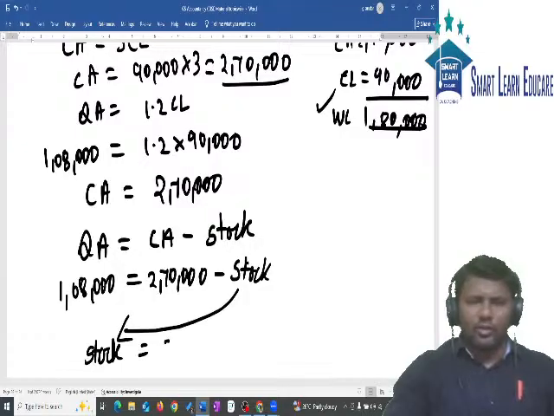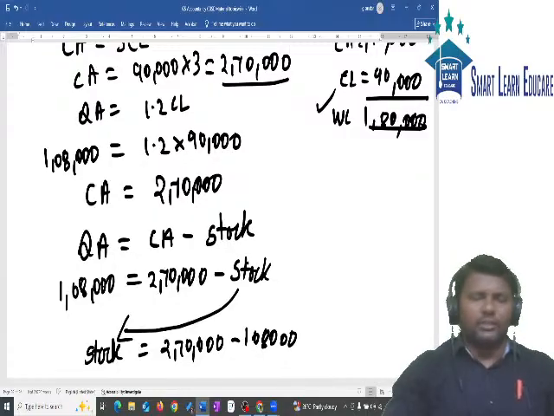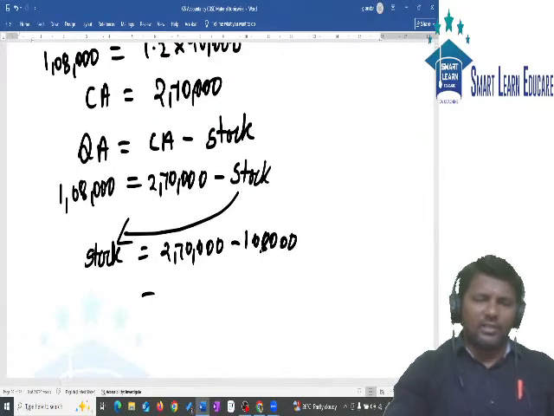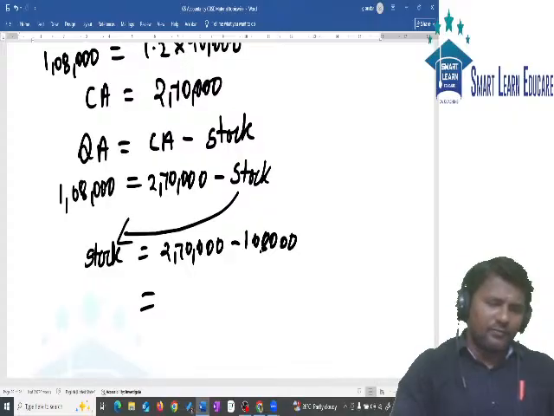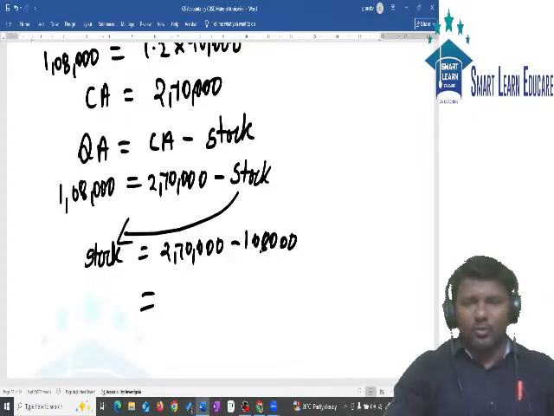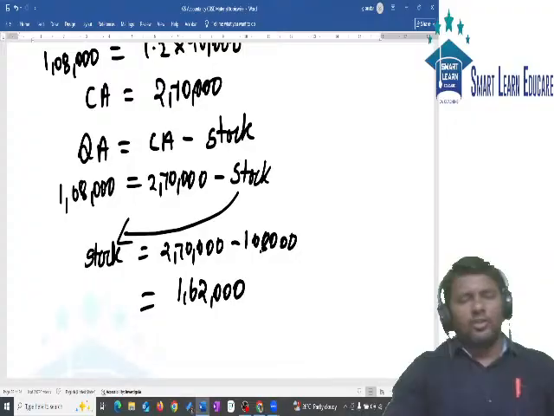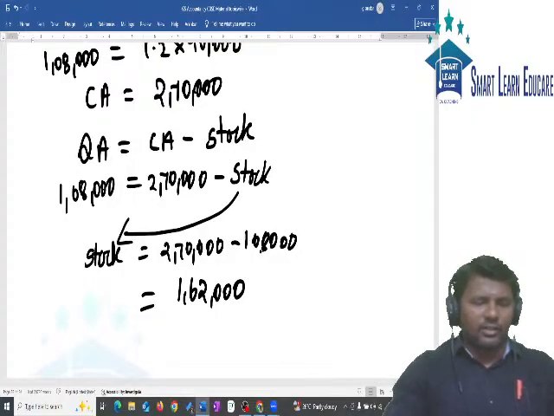So stock is equal to 2,70,000 minus 1,08,000. This will give you inventory. It is not 2,70,000 plus 8,000. 2,70,000 minus 1,08,000 will give you 1,62,000. This is your answer. Stock is how much amount now? 1,62,000.